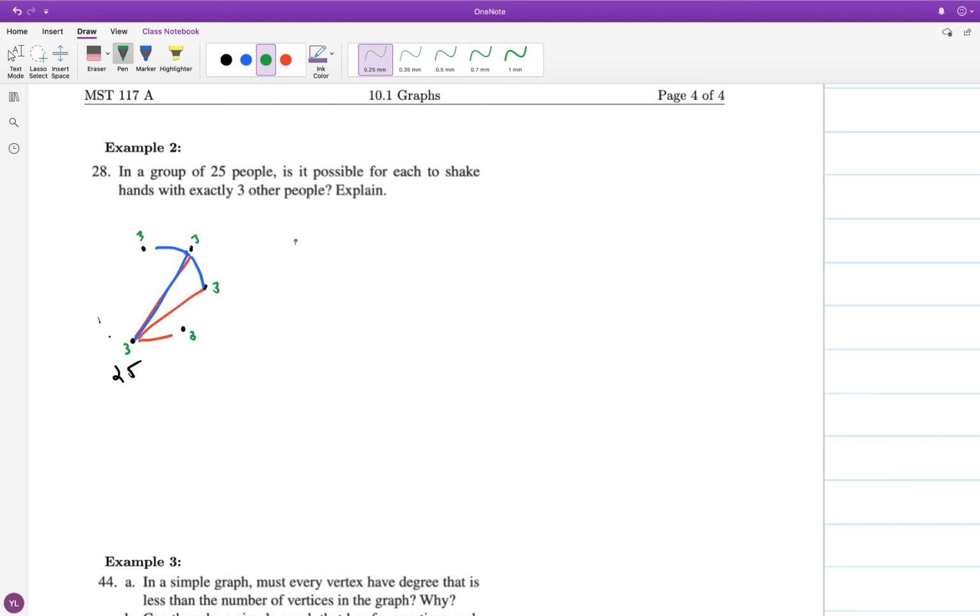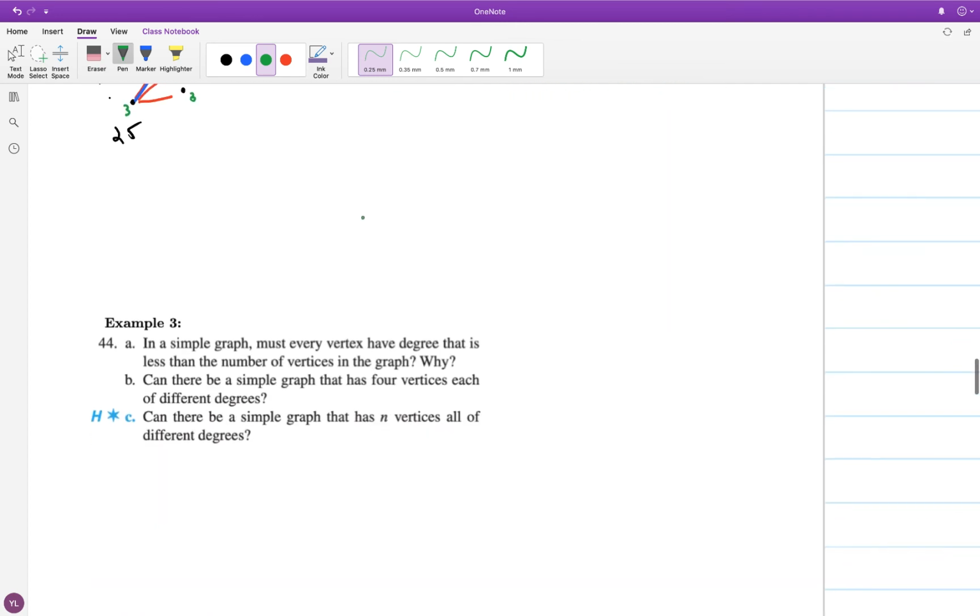So I think the answer is no. I hope you agree, because remember, the total degree of a graph has to be an even number. And if you had a graph on 25 vertices, each of degree 3, that would make the total degree of the graph 75. And a graph cannot have an odd total degree.